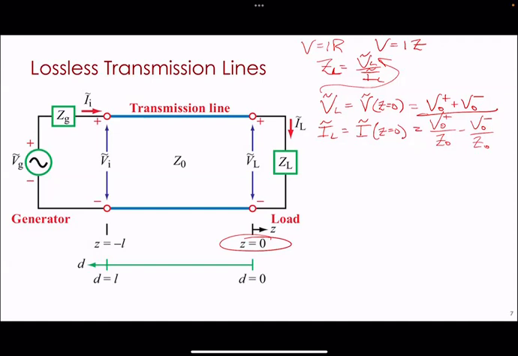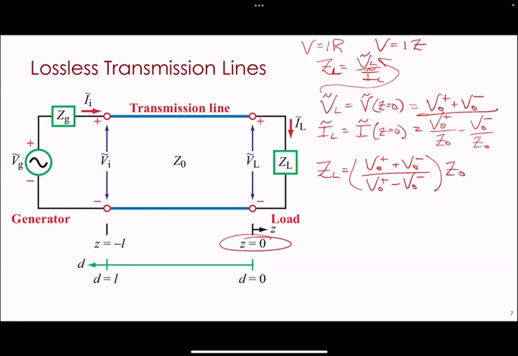Z naught is on the bottom of both of these, and it's in the denominator of the denominator, so it goes upstairs. What are we left with? ZL equals, we still have our V0 plus V0 minus, and we have our denominator V0 plus minus V0 minus, and the whole thing is multiplied by Z naught.